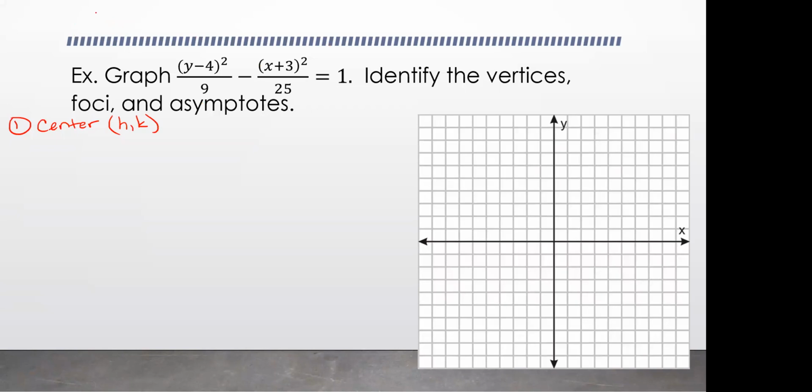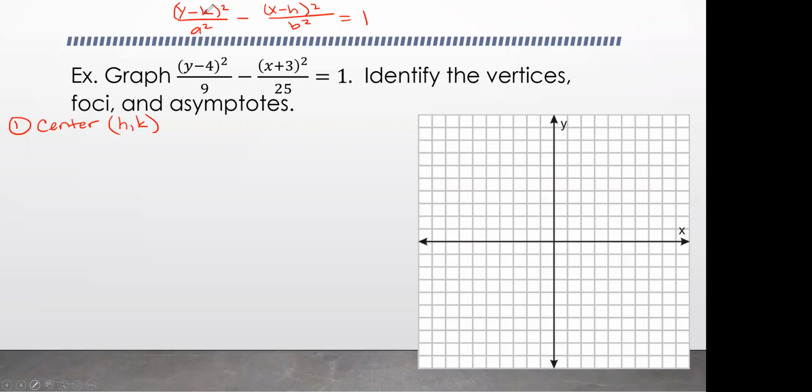So I'll write it up here: y minus k squared over a squared minus x minus h squared over b squared is equal to 1.